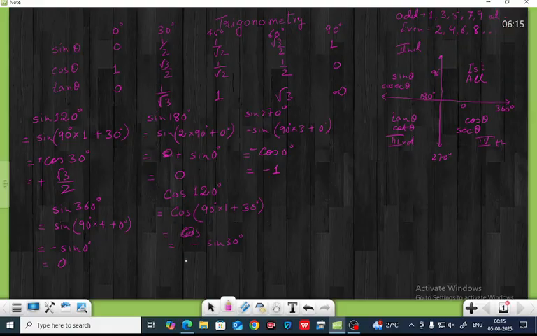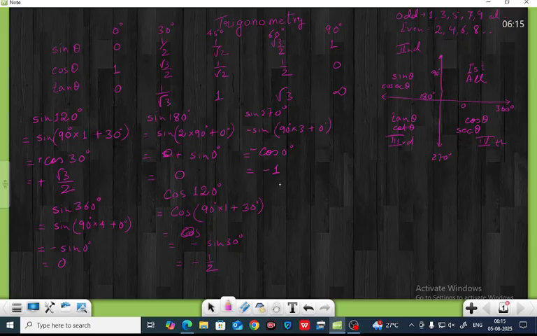The value of sine 30 is half, therefore the value is minus 1 by 2. The value of cos 120 degrees is equal to minus 1 by 2.